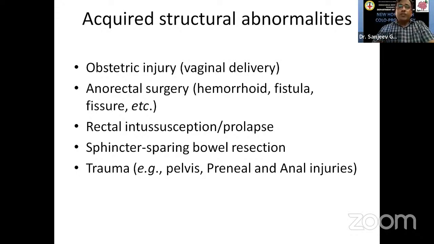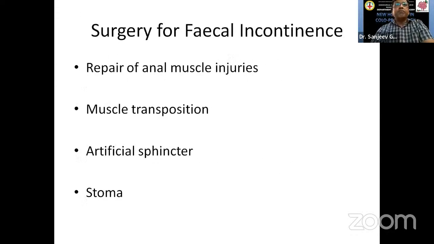Rectal intussusception or prolapse can also lead to injury to the sphincter. Furthermore, abdominoperineal resection or sphincter preserving surgeries can also damage the sphincters, and definitely in APR, we remove the muscular component. Then there is trauma to the pelvis, perineal region, and anal region, which would be peculiar to a surgeon.